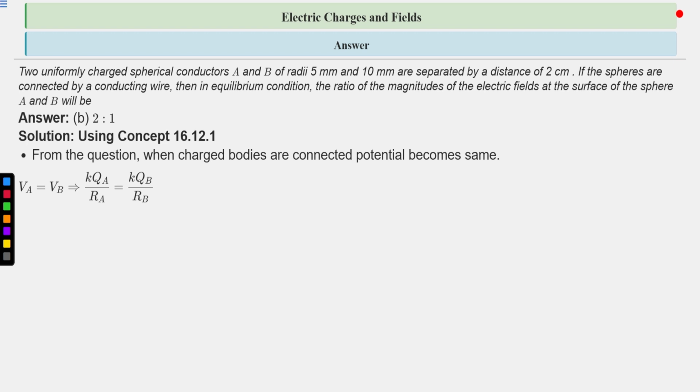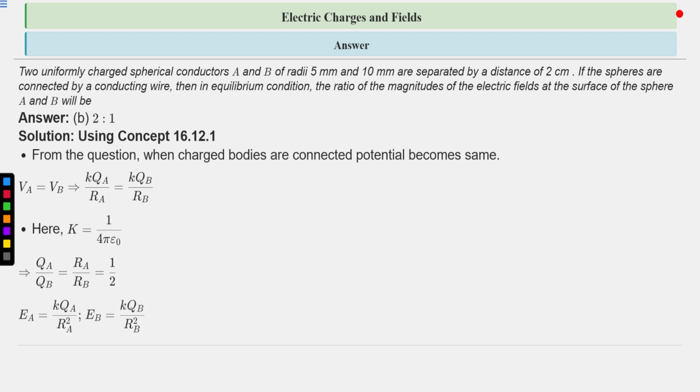By equating them, we know that the value of K is 1 by 4 epsilon naught, and K will cancel out from both sides. We are left with QA upon QB equal to RA upon RB equal to 1 by 2. So this is the ratio of the two charges, equal to the ratio of the two radii, 1 upon 2.